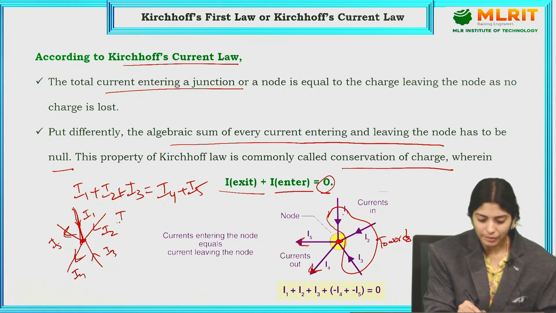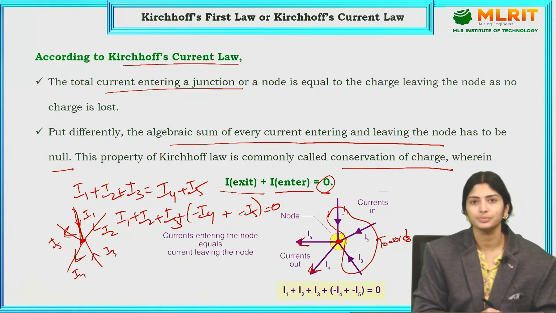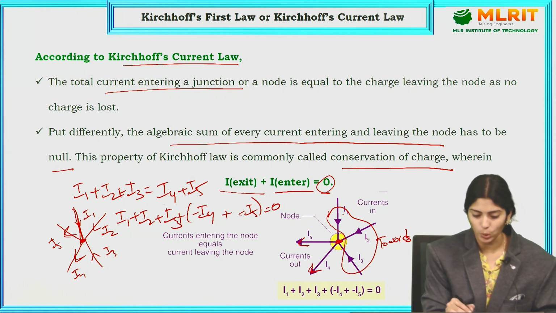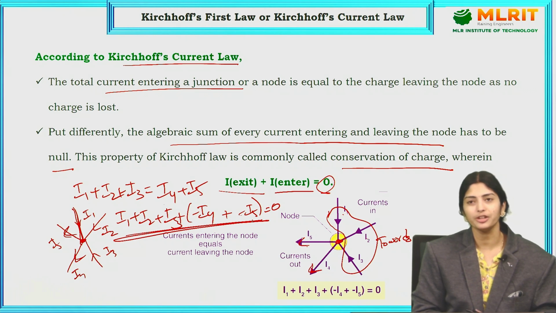So I1 plus I2 plus I3, taking this side, plus I4 minus I5 is equal to 0. This will be the equation for KCL.